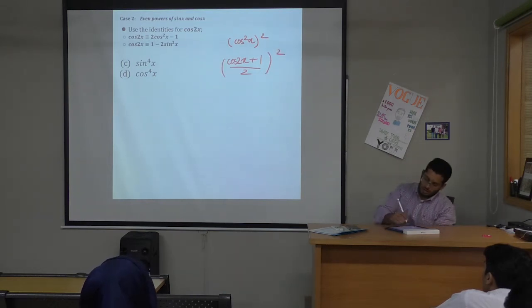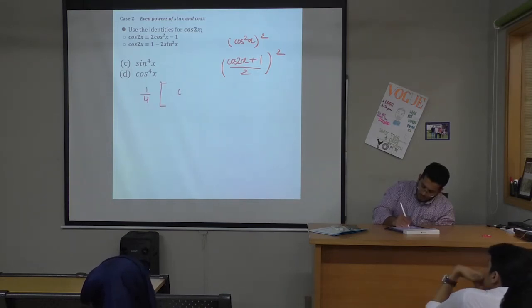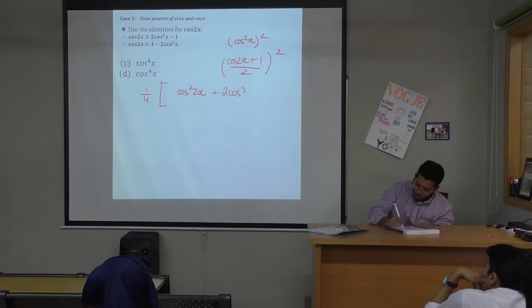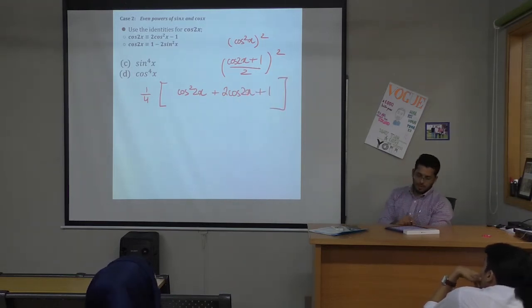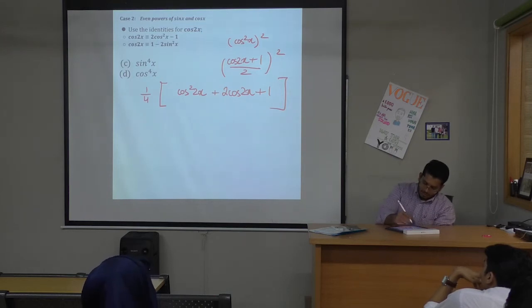Simple substitution. So you have 1 by 4, and I'll expand the numerator: cos square 2x plus 2 cos 2x plus 1. Simple expansion. Okay? Then again, this is my problematic term.